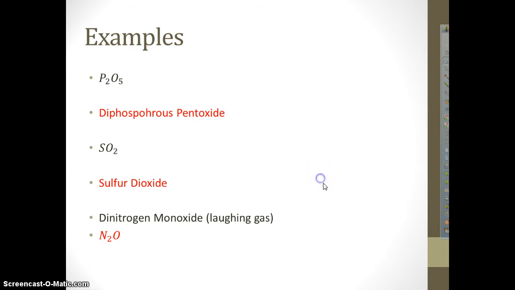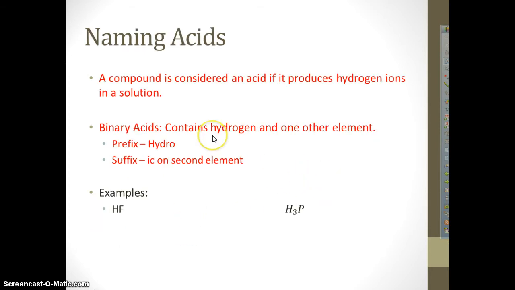So let's go ahead and look at some acids. So you'll want to write down these couple of things here in red, and then we'll look at 2 examples.